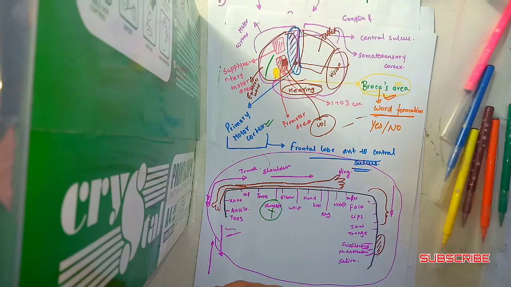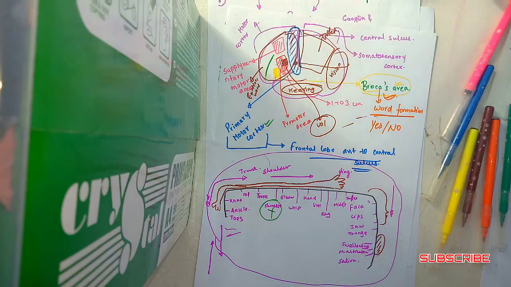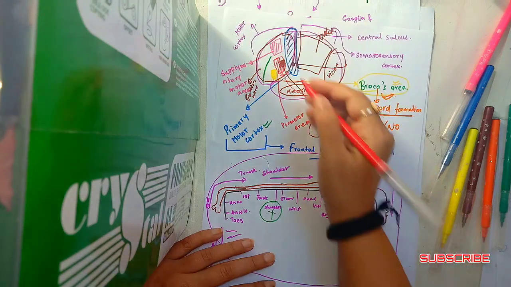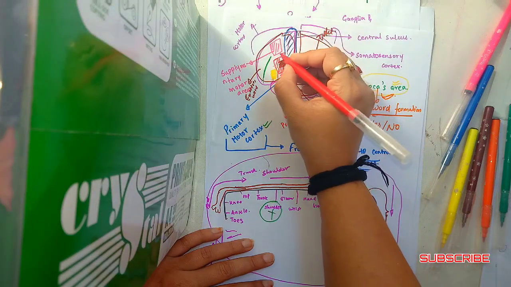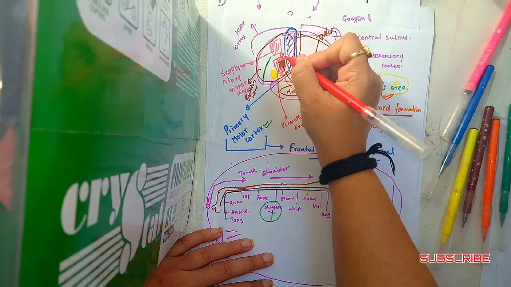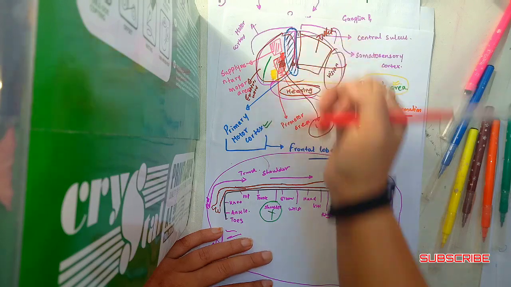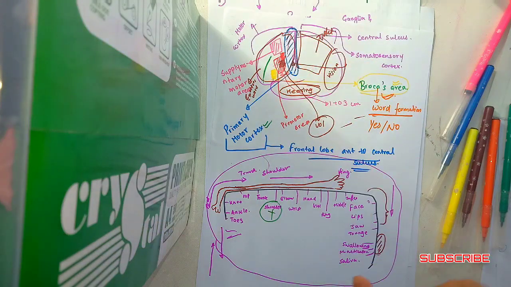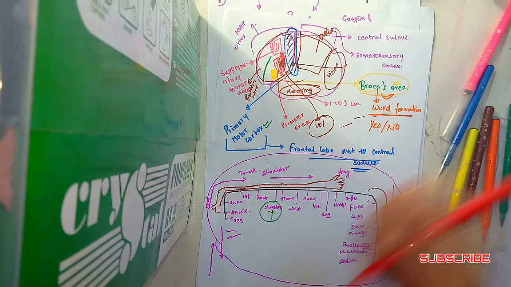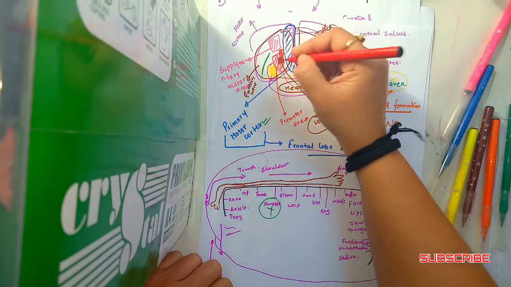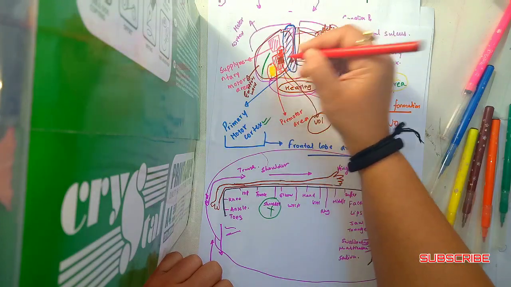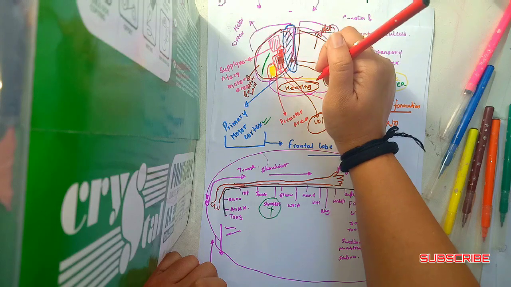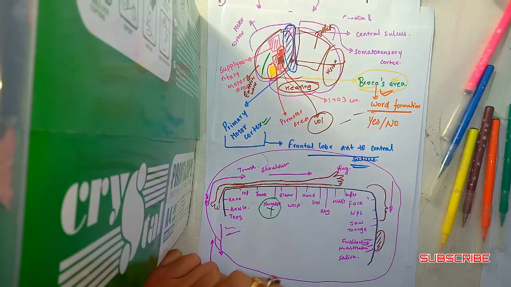Then the third, we have the head rotation area, which is anterior to the primary motor cortex, between the premotor and the primary motor cortex. How do we know that this area is particular for head rotation? It's by electric stimulation.